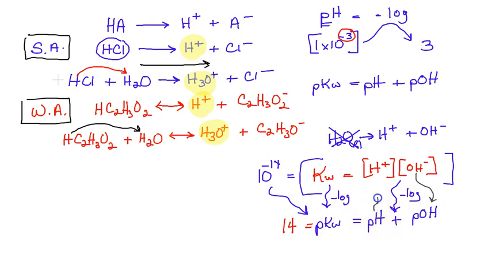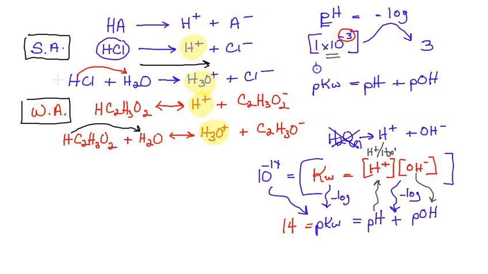Okay, remember your pH is about this concentration. And as I write H plus, I can also write H3O plus because they're synonymous. So even though I put H plus here, it could be that. So our pH is dependent upon how much H plus or H3O plus we get. The more H plus I have, the greater the concentration.